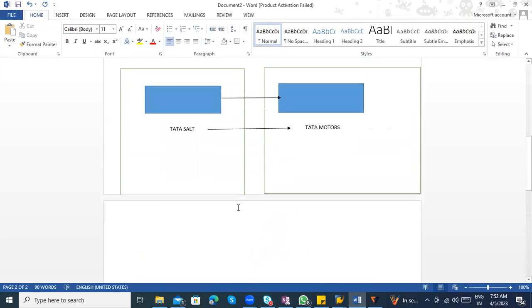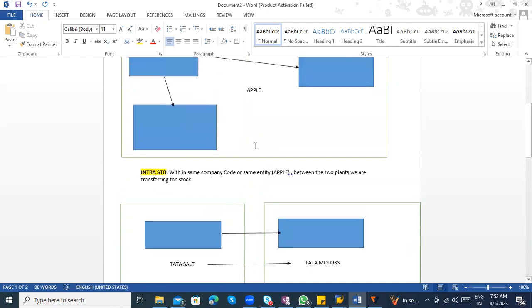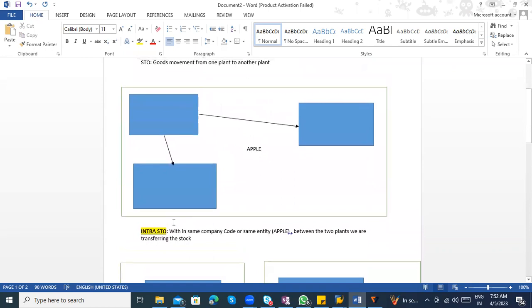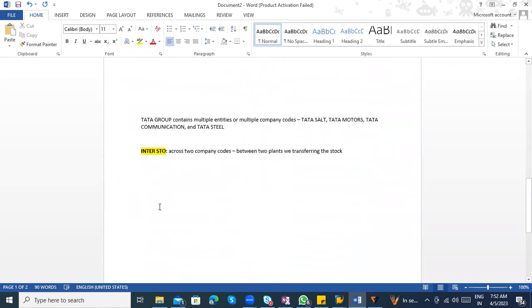So why are we talking about this, especially why do we have this much differentiation here, intra-STO and inter-STO? Why are we differentiating here? Because when it is a single company code, this is not for selling.